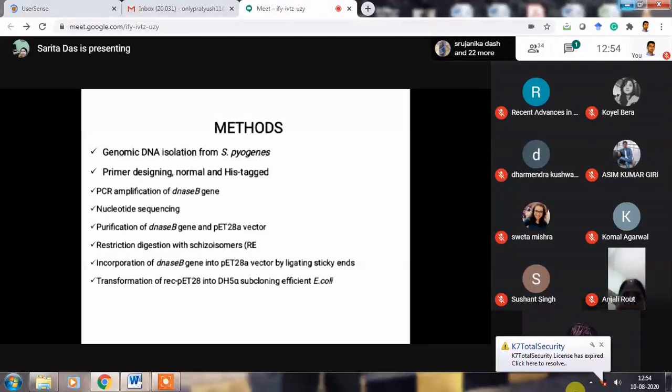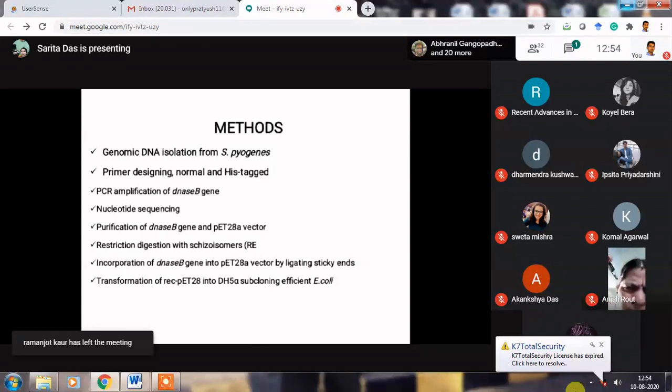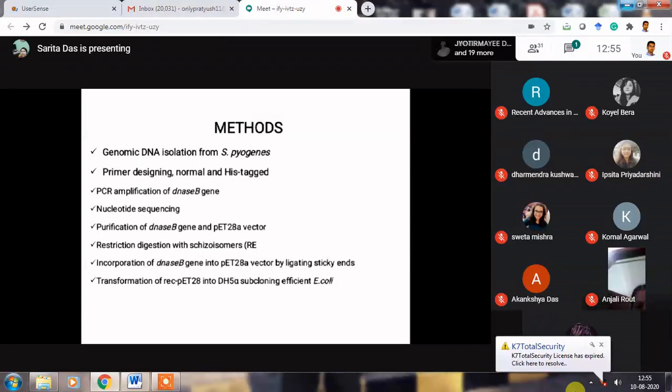First, a cloning-efficient E. coli, that is DH5 alpha, is used, where cloning means multiplication of the recombinant vector is carried out, and then it was isolated and put into the expression E. coli, that is BL21. So I used two strains: DH5 alpha, the cloning-efficient E. coli, and BL21, the expression E. coli.